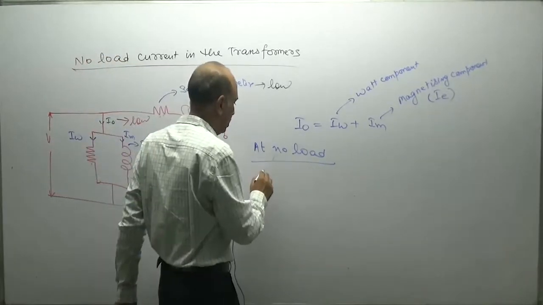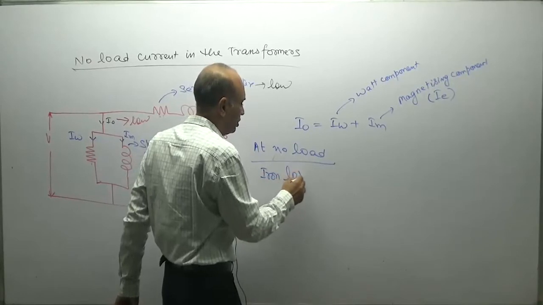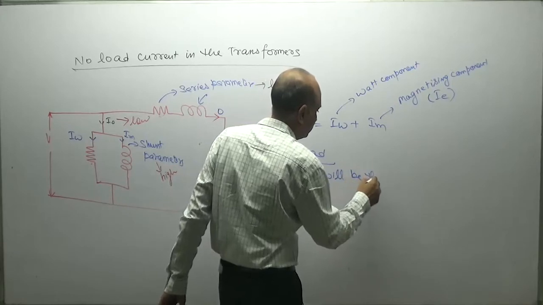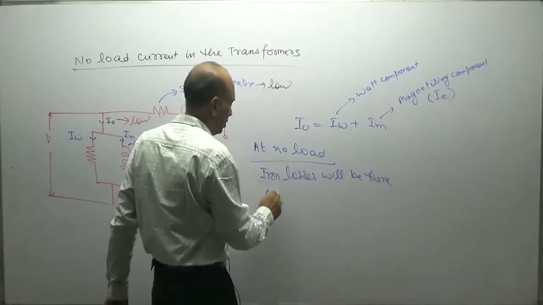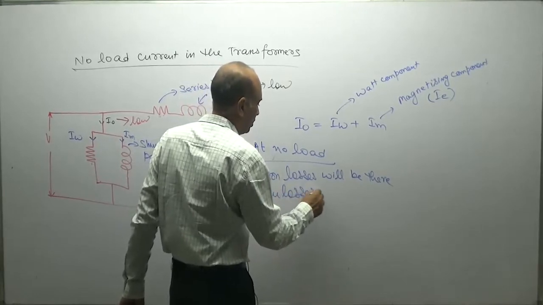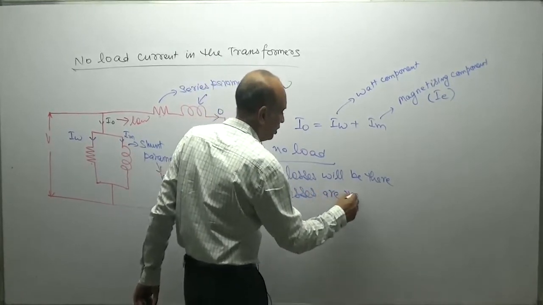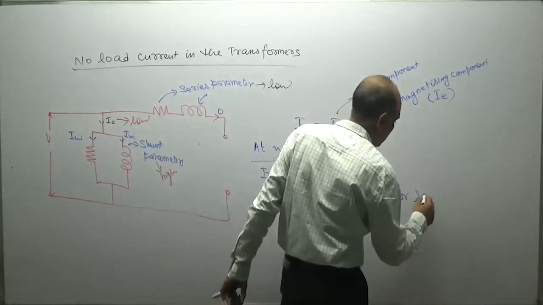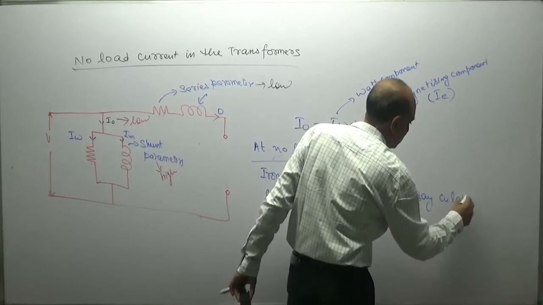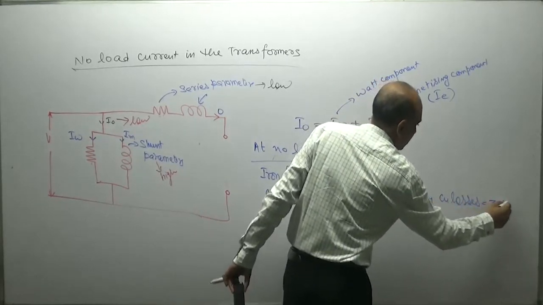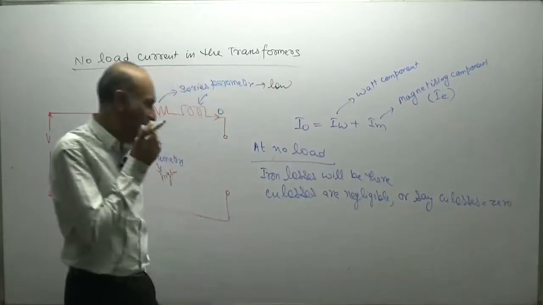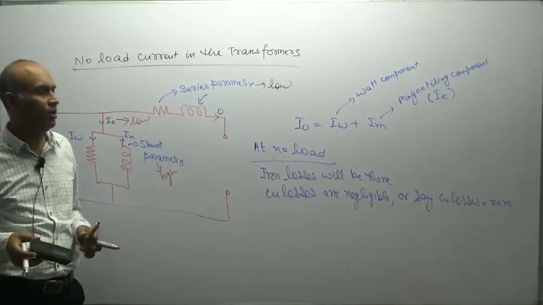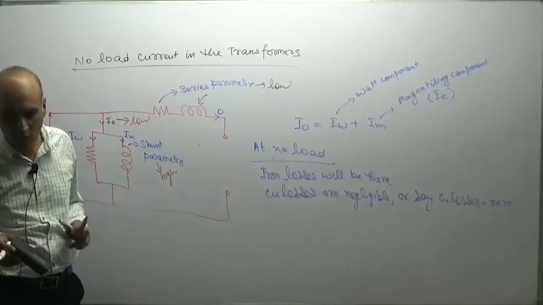So at no load, iron losses will be there and copper losses are negligible, or you can say copper losses are 0 at no load.